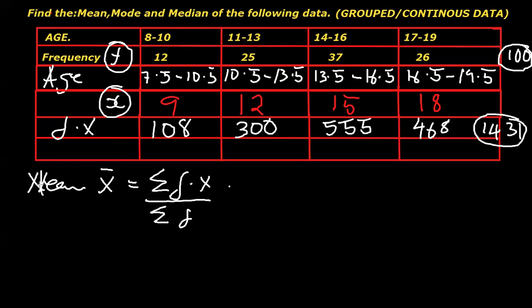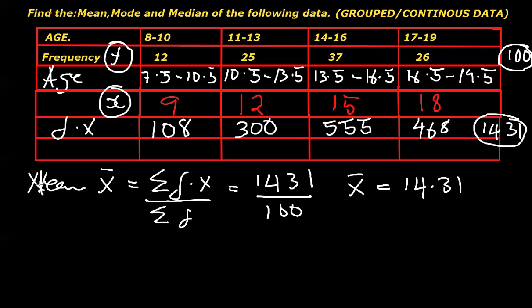And now that is going to give us, so you take 1431, that's the sum of fx, divided by the sum of f, which is 100, and our mean is 14.31. That's our first measure of central tendency, 14.31, and it's correct.